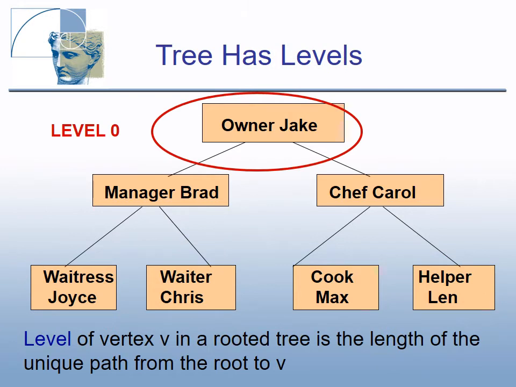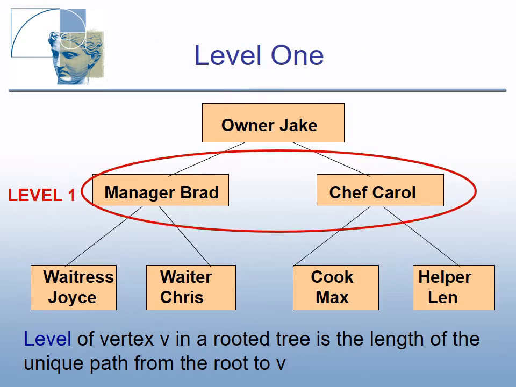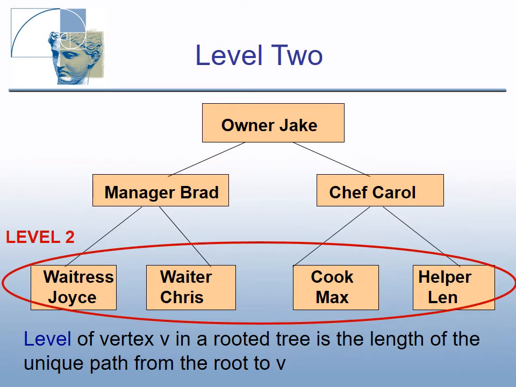Our tree has levels. The level of vertex v in a rooted tree is the length of the unique path from the root to vertex v. The zero level is highlighted on this slide. This is the first level of the tree. This is the second level of the tree.